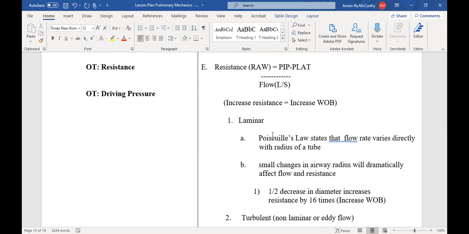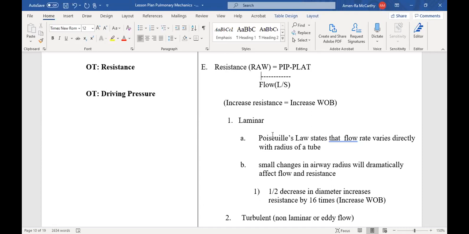Poiseuille. That's his law. Laplace talks about the raindrop, right? The surface tension of a sphere. The bigger one will suck the smaller one in. That's Laplace. And Poiseuille is the resistance one. He says if you decrease the diameter by 1/2, you increase the resistance by 16 times.